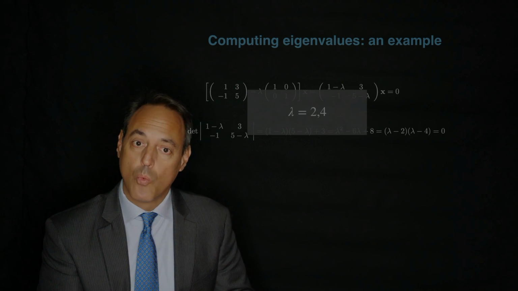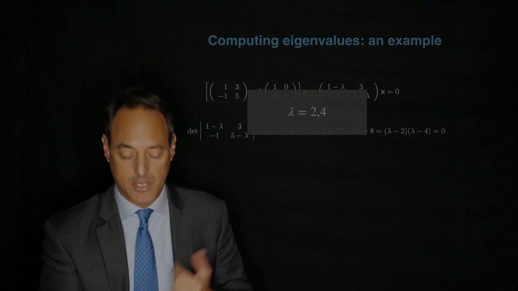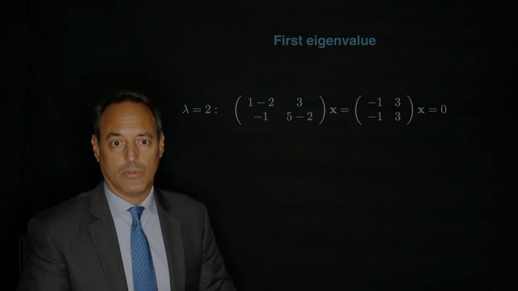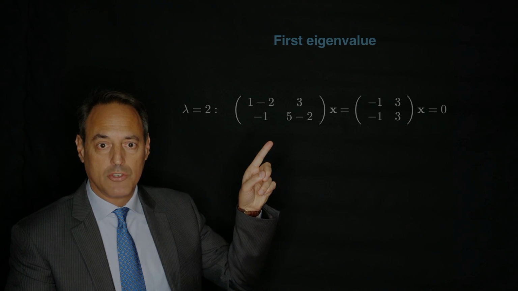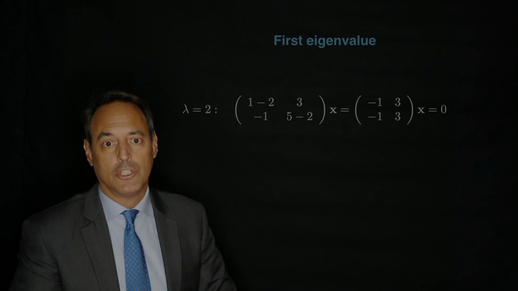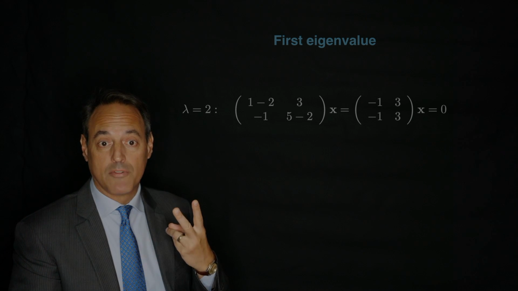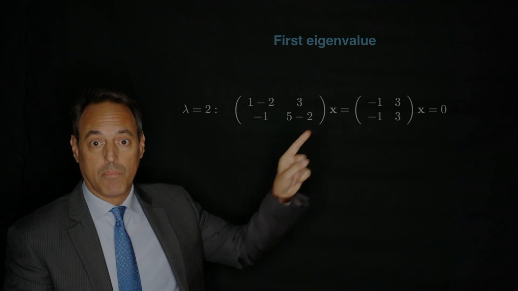Okay, so I'm going to do one at a time. We'll start off with lambda equals 2 and then do lambda equals 4. So let's talk about lambda equals 2. Here's the calculation. I just go back to that system and I put in 2 where the eigenvalue lambda was. Now I know the lambda value, and I'm going to use the first one, lambda equals 2, and put it in here.